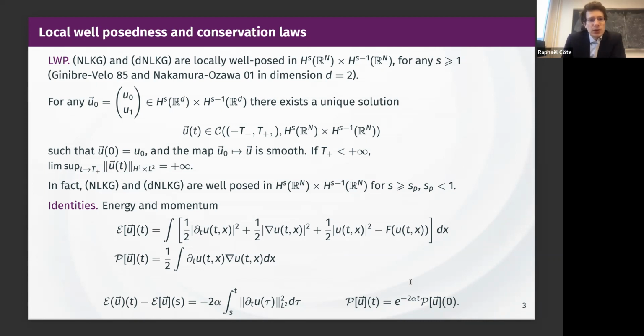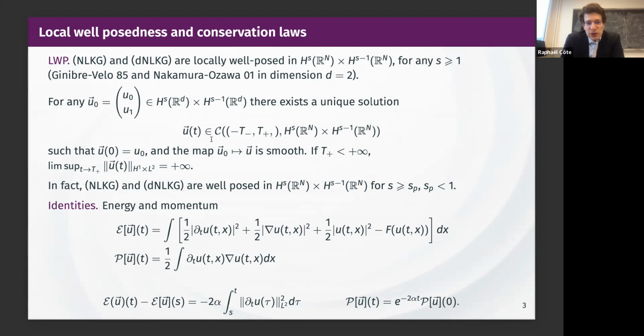So you only need to know that both equations, NLKG and the damped NLKG, are well posed in a strong sense in HS cross HS minus 1 for any S greater than 1. And most of what I will be doing will be for S equals 1. And what does it mean? It means that if you give yourself an initial condition, initial data, u0, u1 in HS cross HS minus 1, so it should be u0 here, not T, sorry.